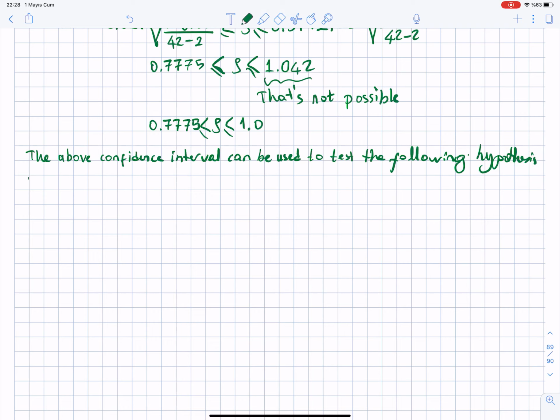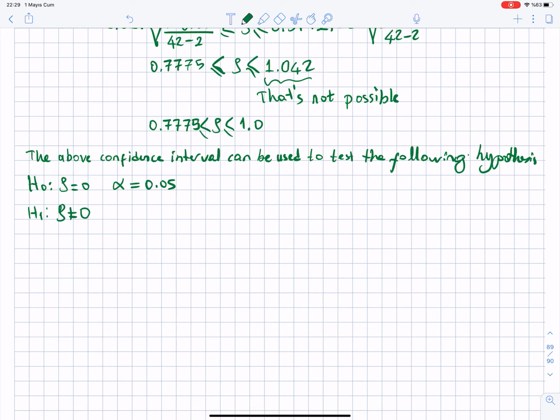So if you're given H0: rho equals null, and the alternative: rho is not equal to null, and say alpha is 0.05.